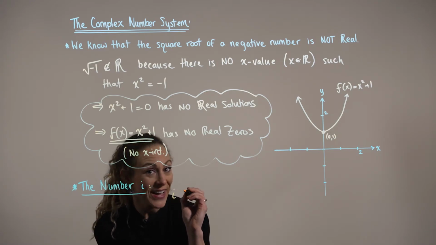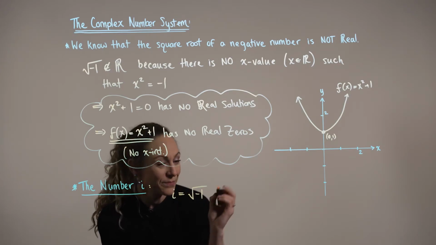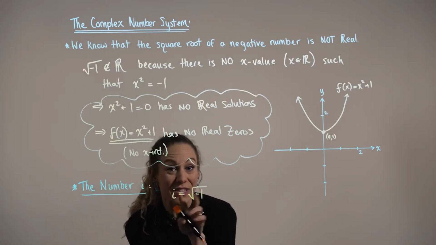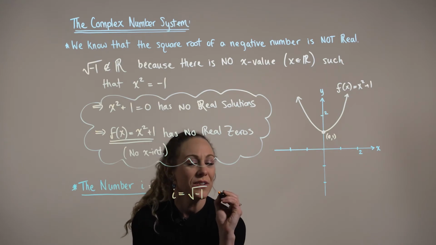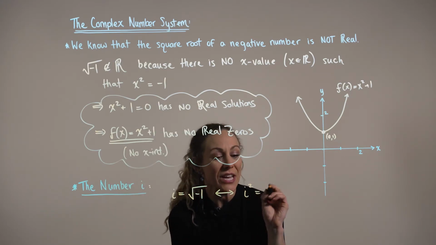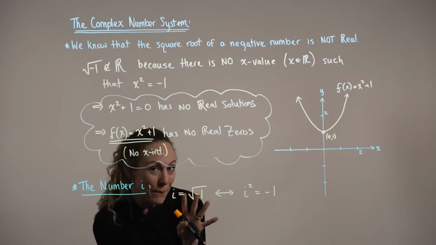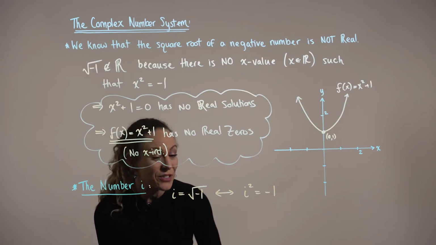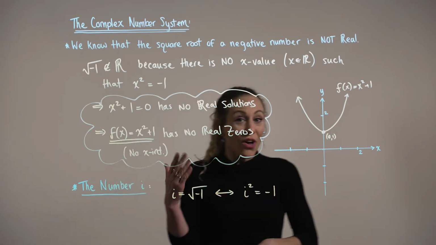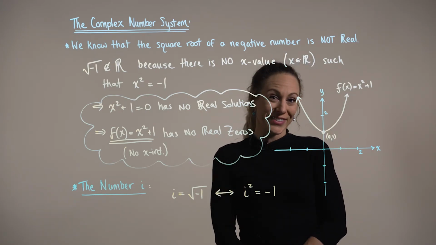We say that i is equal to the square root of -1, or if we square both sides of the equation, the equivalent form i squared equals -1. So this non-real number i is going to allow us to solve equations of this form and find non-real zeros.